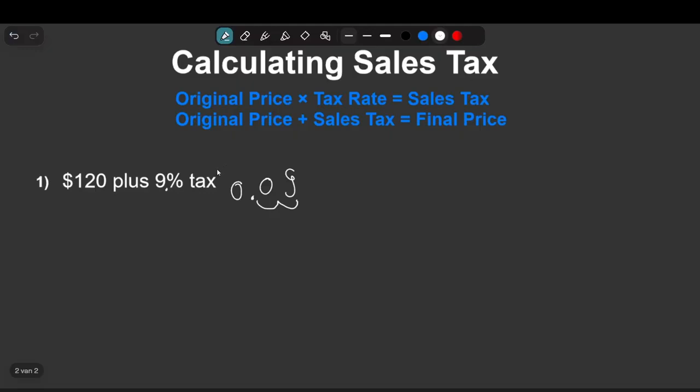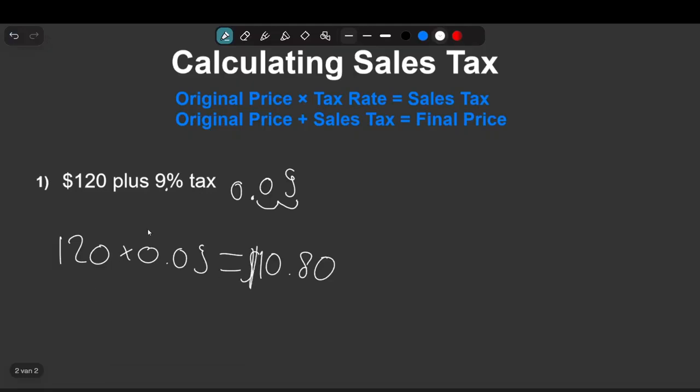To calculate our sales tax, we are going to multiply our price by our tax rate. So we have 120 times 0.09, and this will equal $10.80.